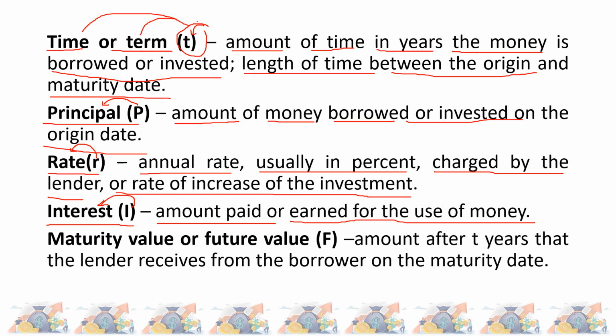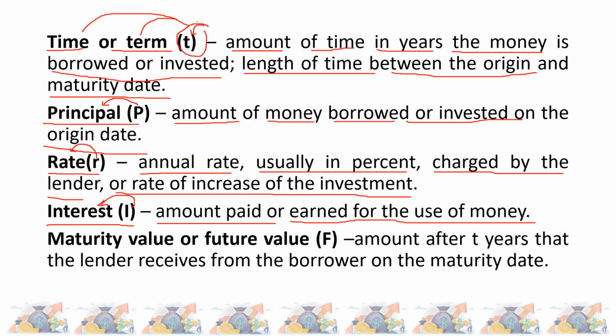Every lender sets a percentage that represents an interest, or an additional amount once the borrower decides to pay the money that he borrowed from these lenders and creditors. So that will be your interest.